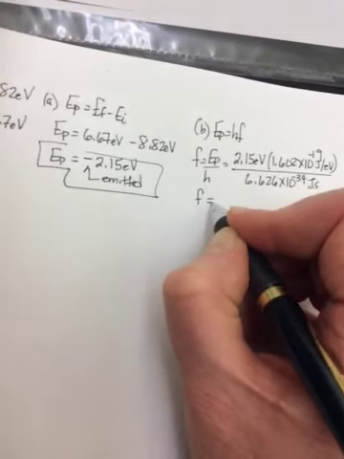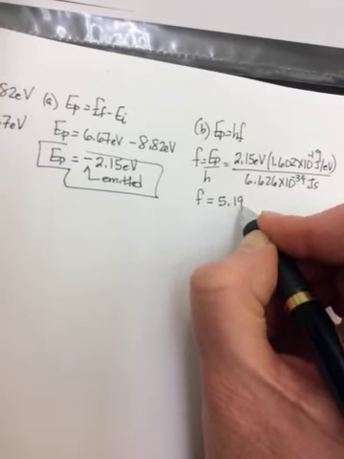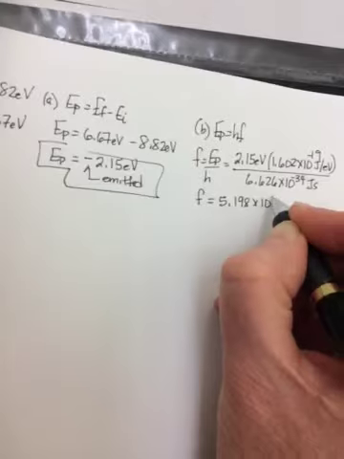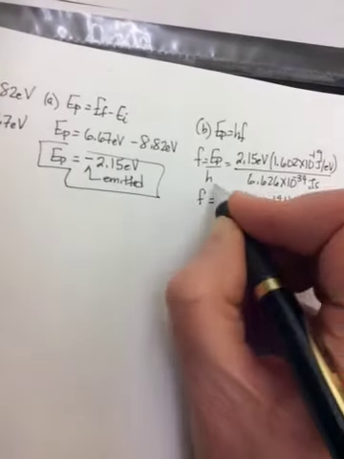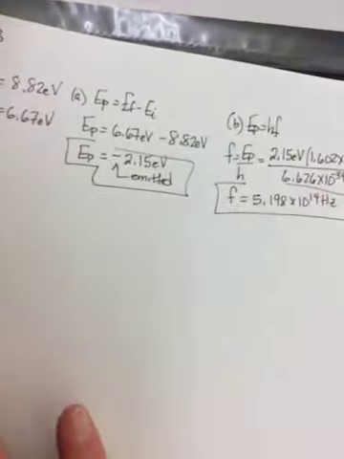When you do this, you get a frequency of 5.198 times 10 to the 14th hertz. Okay, number 2.